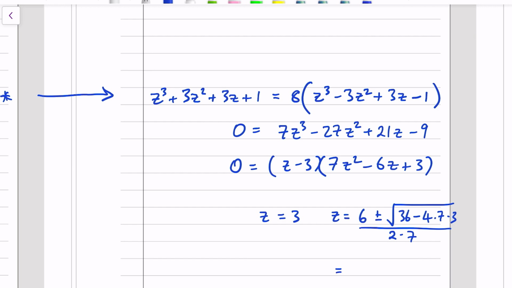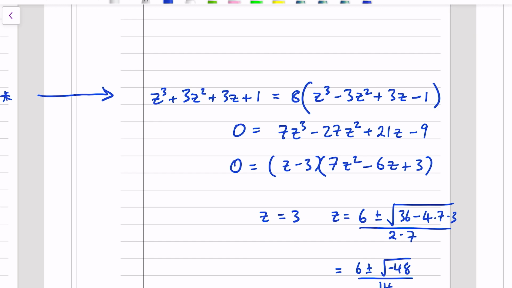The thing underneath the square root there is 36 minus 28 times 3. It comes to be root negative 48. 6 over 14 is 3 over 7, which was what we had earlier.